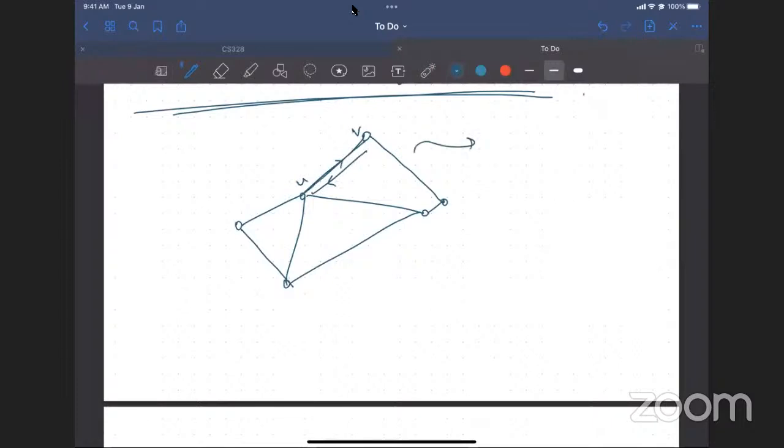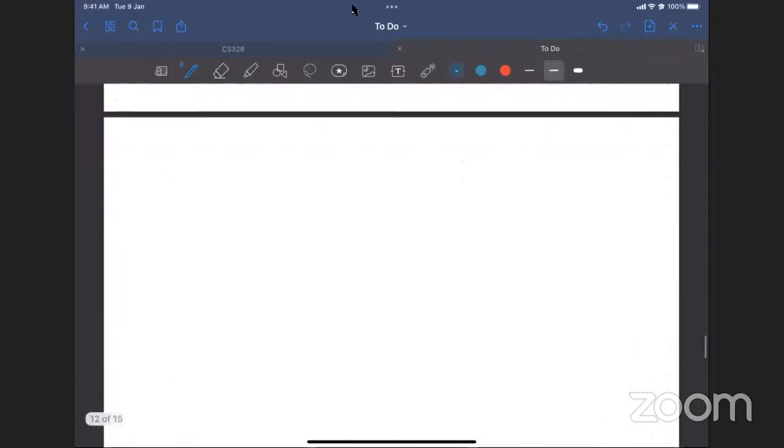Since we are talking about distances as weights, every weight will always be greater than or equal to 0.